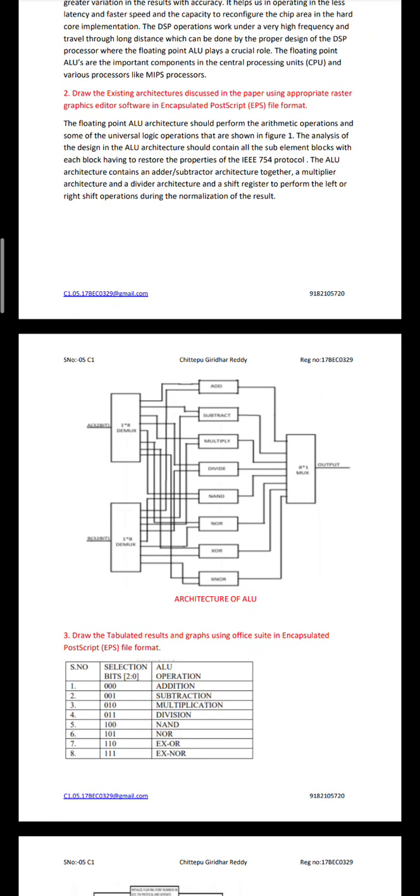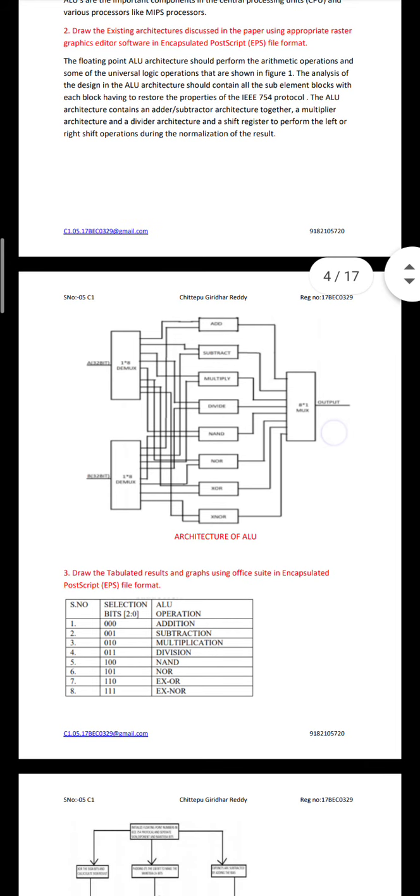If we talk about the existing architecture discussed in the paper, drawn using a raster graphics editor in EPS file format, the floating point ALU architecture should perform the arithmetic operations and some universal logic operations, as shown in figure 1.